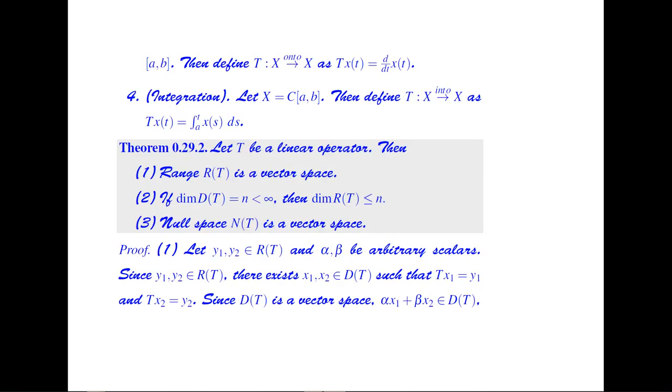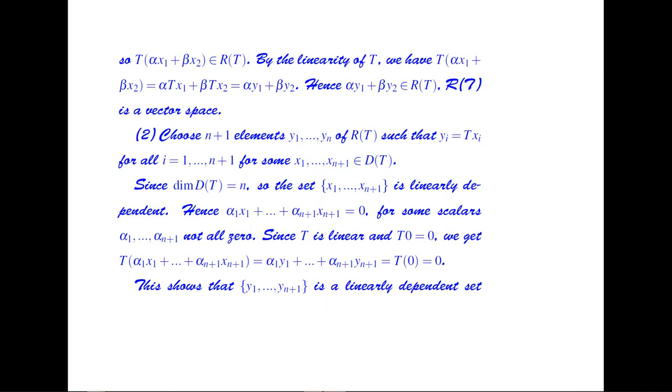Now second, we have to prove that if the dimension of the domain of T is equal to n, then the dimension of the range space of T is less than or equal to n. Choose n + 1 elements y1, y2, and so on up to y(n+1) of the range space of T such that yi = Txi for all i = 1 to n + 1, for some x1, x2, and so on up to x(n+1) belonging to the domain space of T. Since the dimension of the domain space of T is n, and these are n + 1 elements, they form a linearly dependent set.